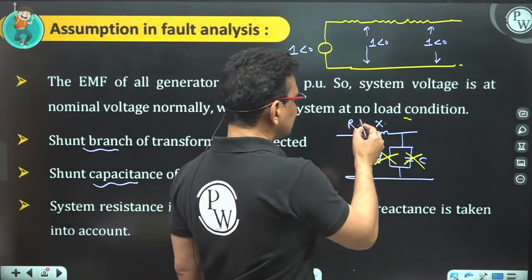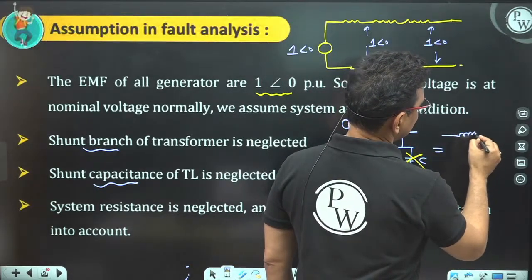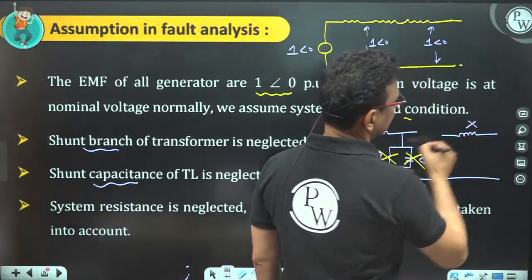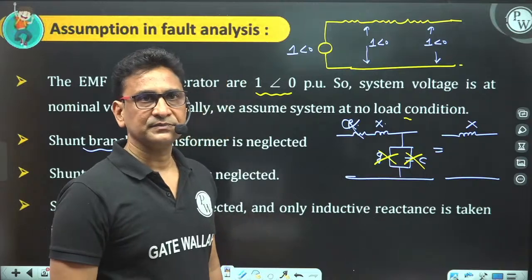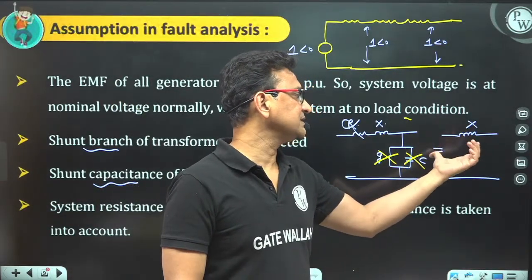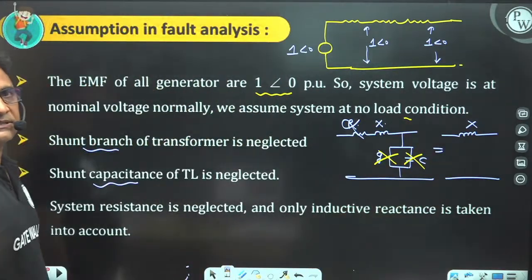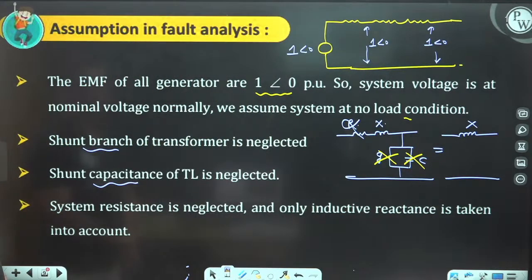So we also neglect the value of resistance. So we will represent the transmission line only as a reactance. At the time of fault calculation, we will consider the transmission line as a reactance only. Sir, the chapter name is fault analysis in the power system. Clear?